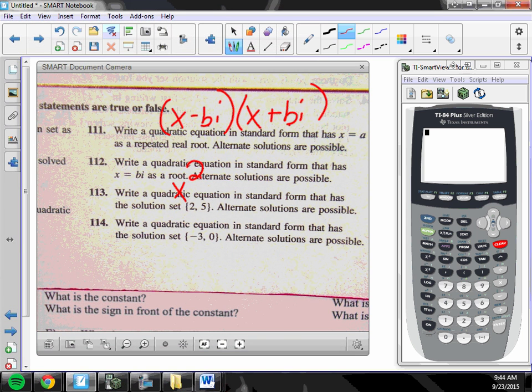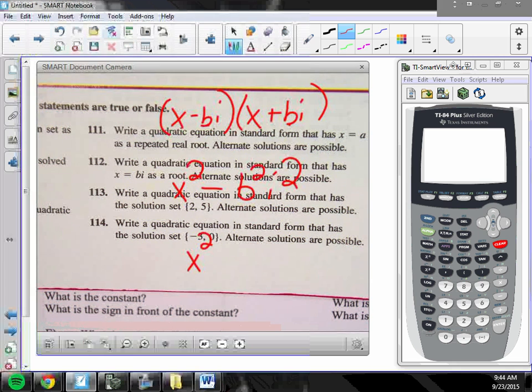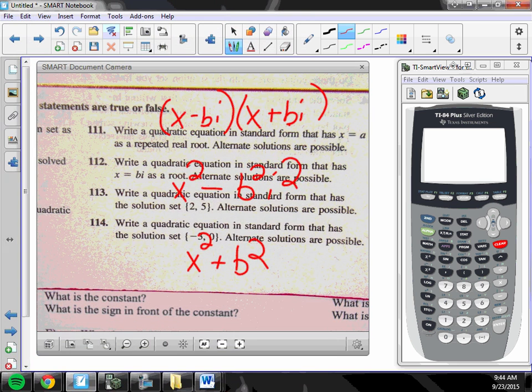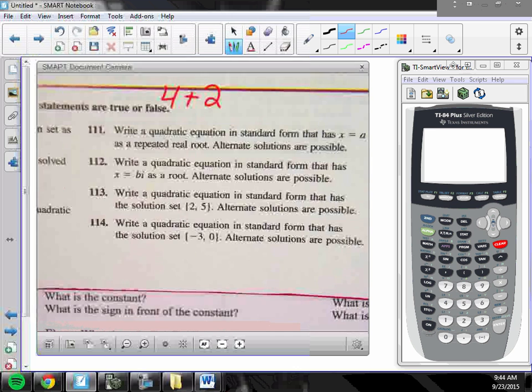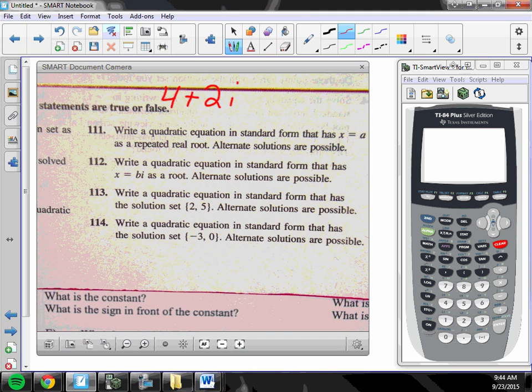And then I have minus b squared i squared, which actually turns into x squared plus b squared. So anytime you have one imaginary root, the other imaginary root has to be its conjugate. If one of the roots is 4 plus 2i, what's the other one going to be? It's 4 minus 2i. It's the complex conjugate.